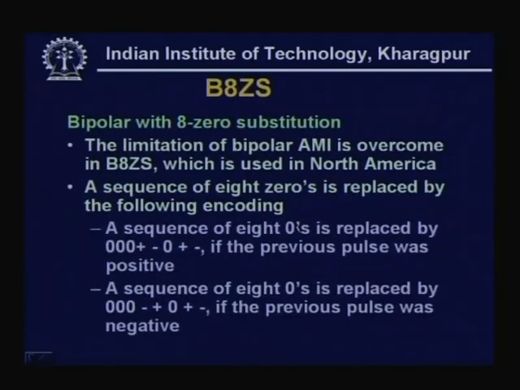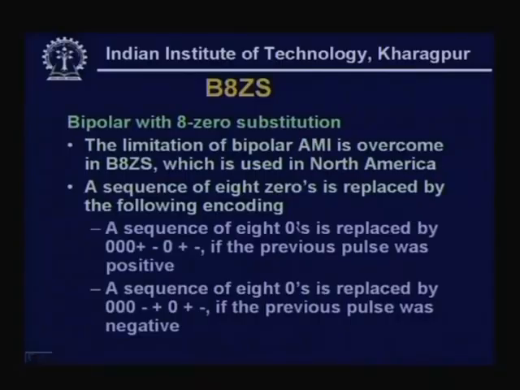Let us pick up where we left in the last lecture. I mentioned that although AMI is a good scheme, it has some limitation because it does not provide you synchronization. It is very good from the viewpoint of bandwidth, as bandwidth is not high, and that is why it is attractive from the bandwidth point of view, but it does not provide good synchronization. So, how can this problem be overcome, retaining the advantage of bandwidth?